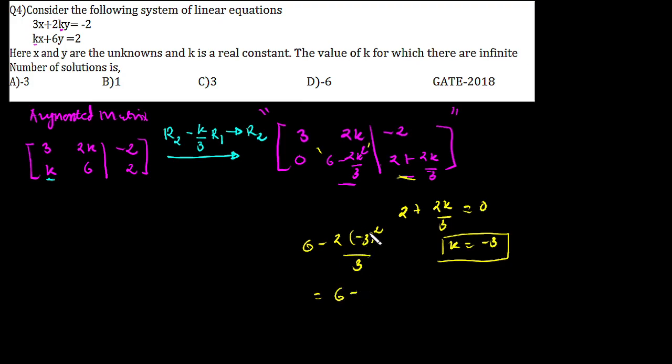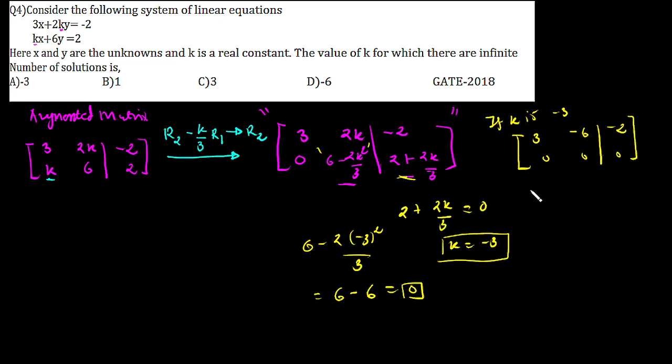This minus 3 square will be 9, so the 3s will cancel, so again 6, and yes, it also gives me 0. So now if k is minus 3, then our resultant augmented matrix looks like this. Here minus 6, minus 2, 0, 0 and 0.